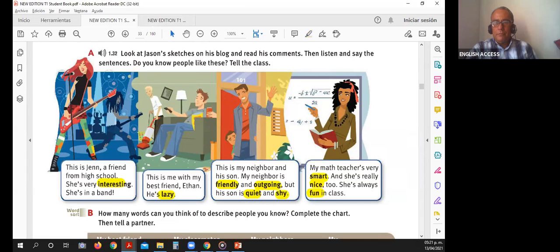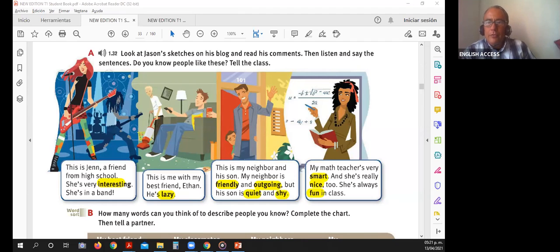She's in a band. This is me with my best friend Ethan. He's lazy. This is my neighbor and his son. My neighbor is friendly and outgoing, but his son is quiet and shy. My math teacher's very smart, and she's really nice, too. She's always fun in class.